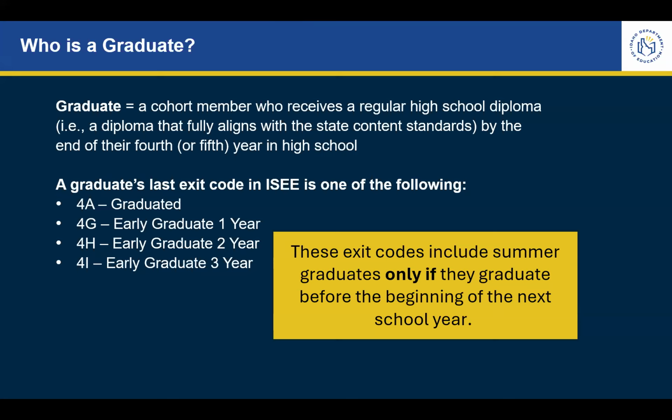A regular high school diploma is one that fully aligns with the Idaho State Content Standards. Graduates can have one of 4 exit codes, and these include summer graduates, but only if they graduated before the beginning of the next school year.